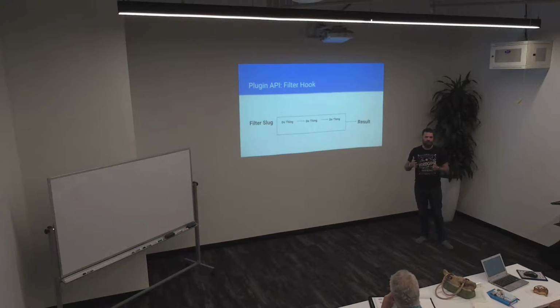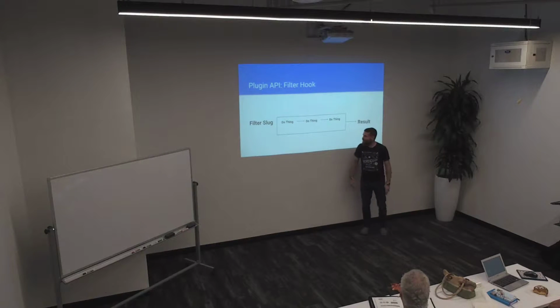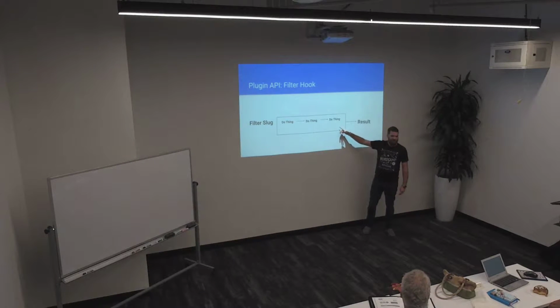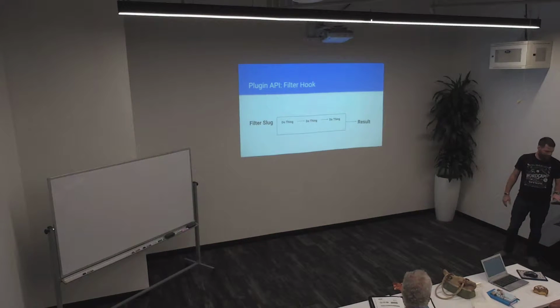How WordPress knows which filters to run in sequence, because if you had your cat filter here, and then someone else snuck in a little dog filter, and then all of a sudden all of your categories are dog, that wouldn't be the greatest thing.